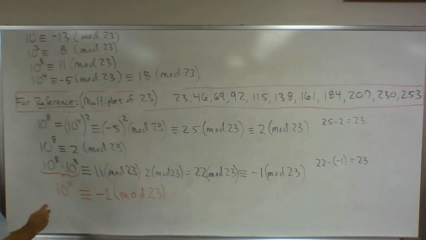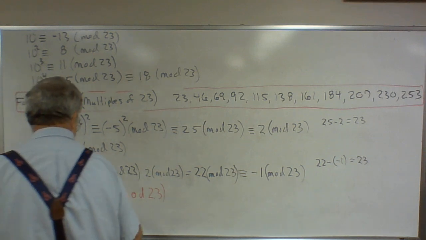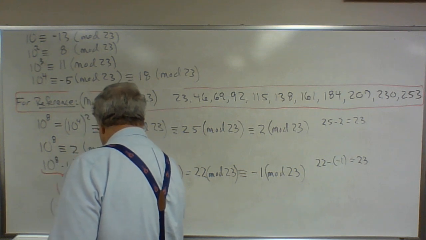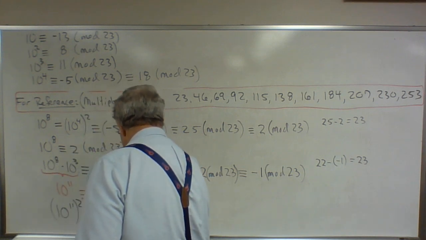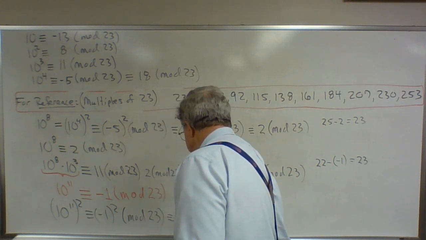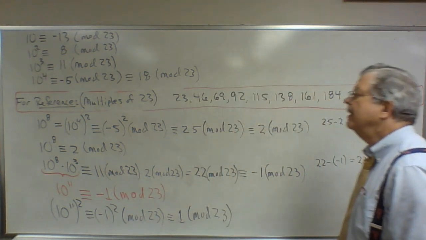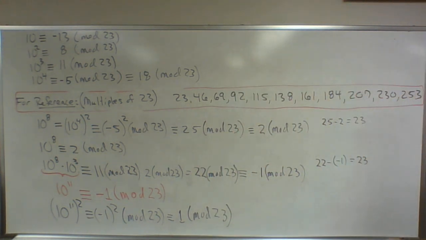So that means that 10 to the 11th squared is congruent to negative 1 squared mod 23, and that's congruent to 1 mod 23. I think I've got as much as I need.